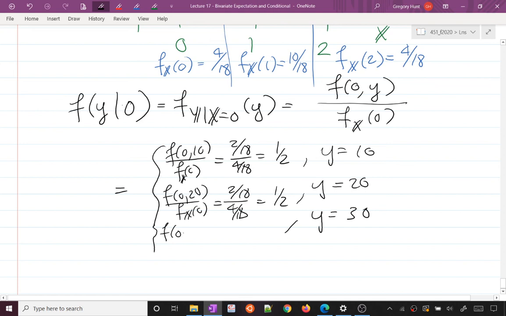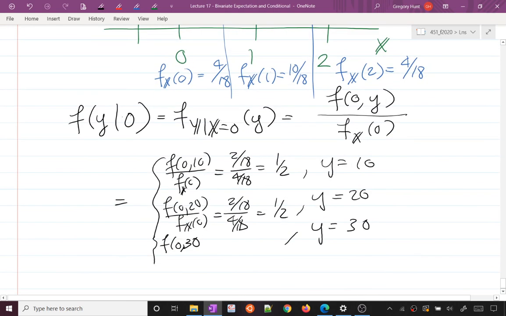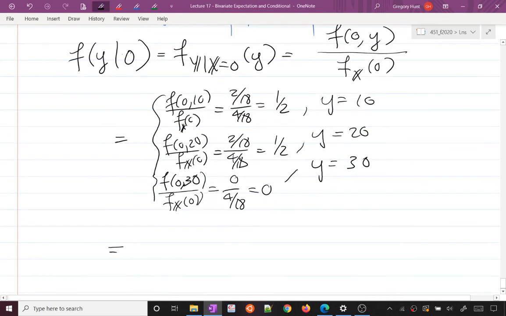In the last case, we get 0/30, which actually has probability 0, over fx of 0, is 0 over 4/18, which is 0. So this, in total, we could say is 1/2 when y is 10, 1/2 when y is 20, and 0 when y is 30.